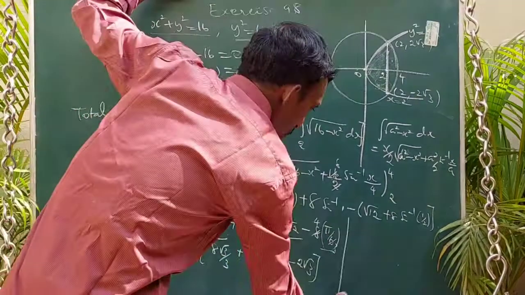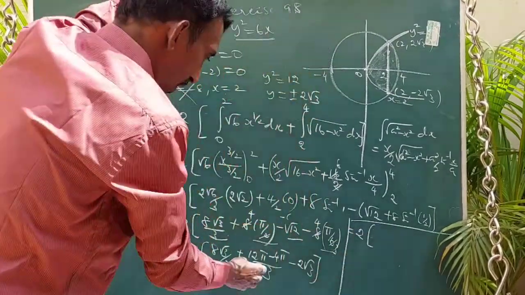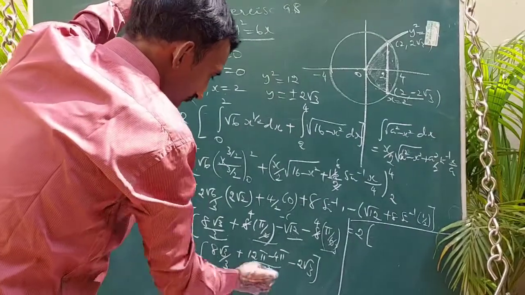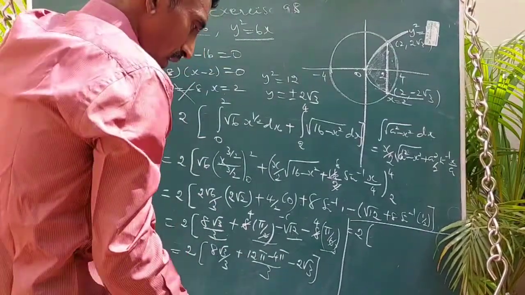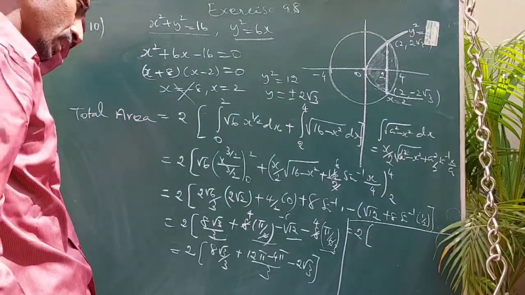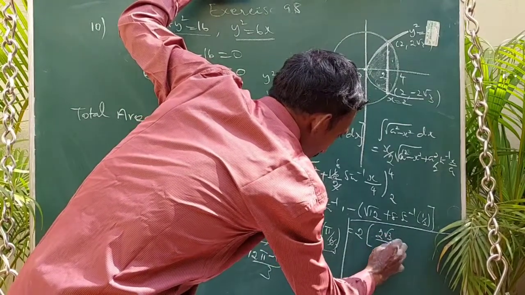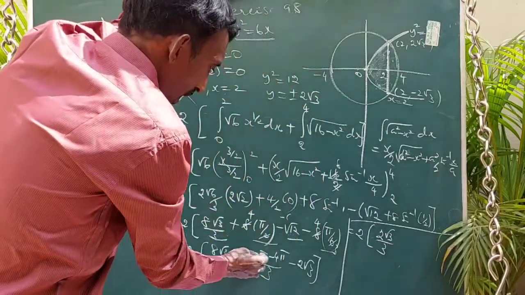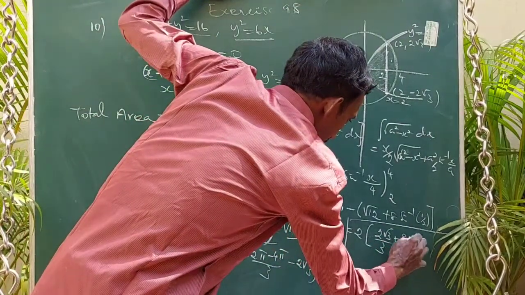So 2 times, if you take the LCM for these two, what we get: 8 root 3 minus 6 root 3 by 3. So 8 minus 6 is 2 root 3 by 3. Here 12 minus 4, 8 pi by 3.